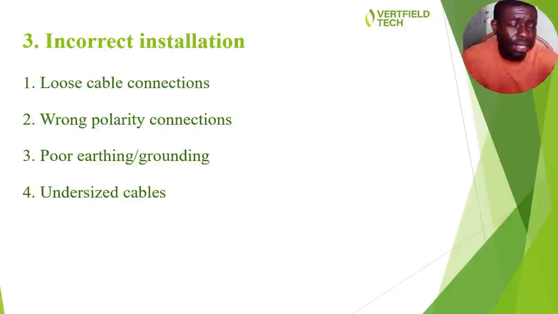At times, you might not even see your charge controllers able to charge your batteries. That is one of the key faults related to loose connections. Loose connections can also lead to sparks and fire outbreak. Yes, because when it leads to sparks, it can lead to fire outbreak. So you are advised to always make sure your connections are firmly done.